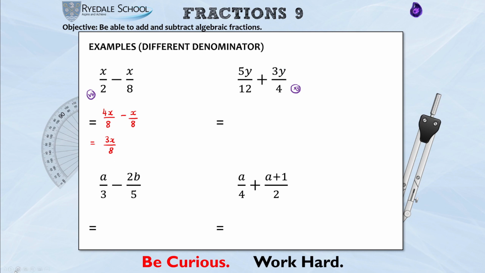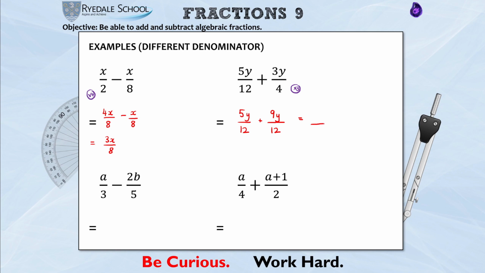So let's do that. I can leave the first fraction alone, 5y over 12. And if I multiply the numerator and denominator by 3, well, 3y times 3 is 9y. And 4 times 3 is 12.